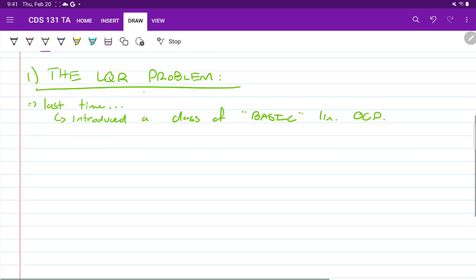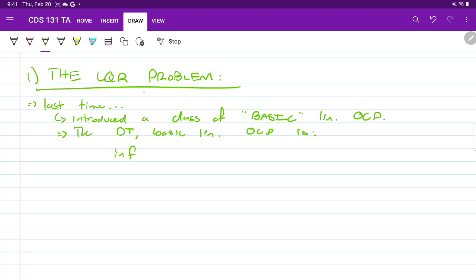Okay? So what I said is the discrete time basic linear optimal control problem is the problem where we're taking an infimum or minimum, you could think of it as, over inputs going from 0 up until time n minus 1. This is going to be a subset of some input space U, which is maybe itself a subset of R^n.